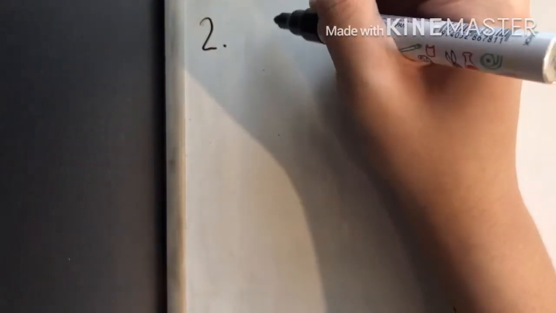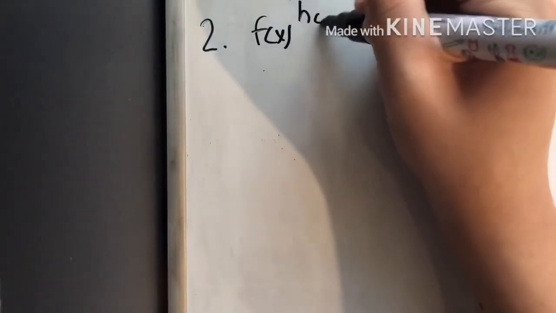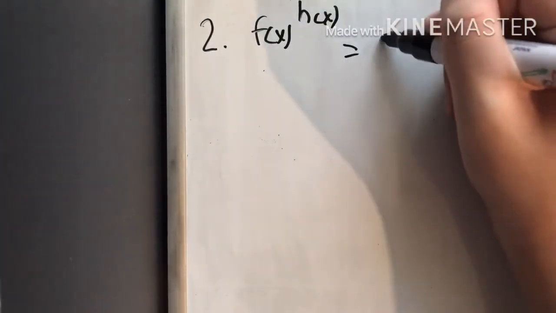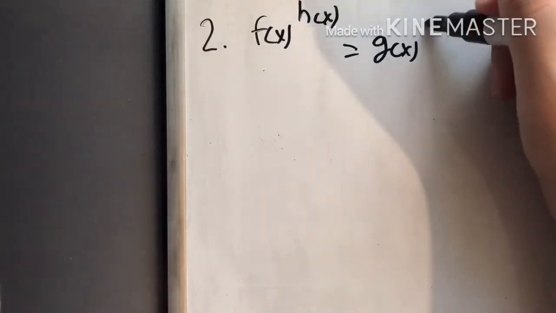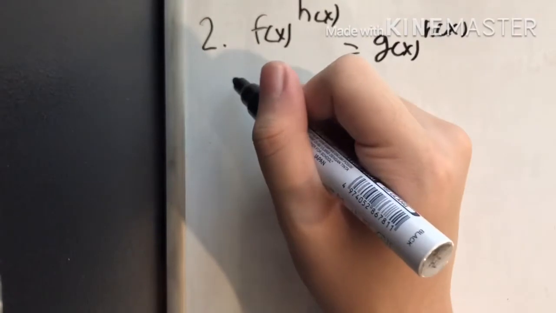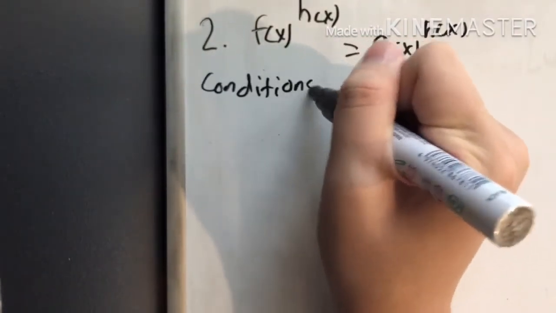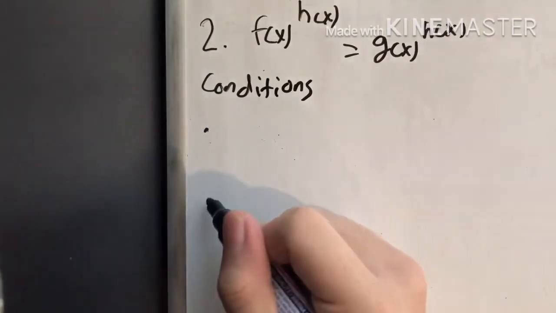The second equation that I'm going to discuss today is also an exponential. It is f(x) to the power of h(x) is equal to g(x) to the power of h(x). Now to prove the x, there are two conditions.